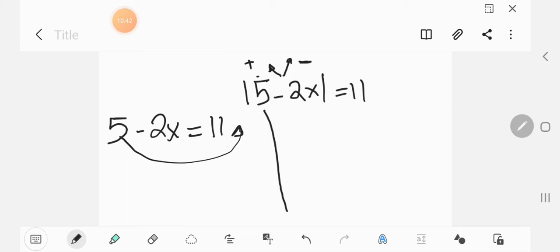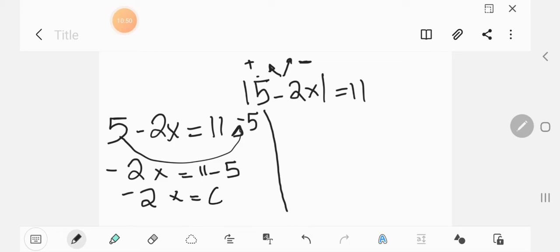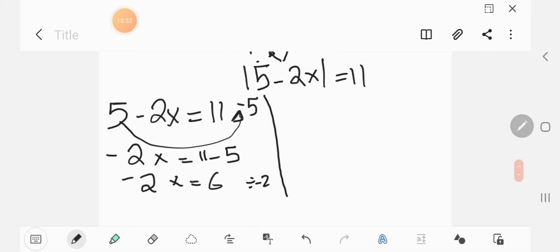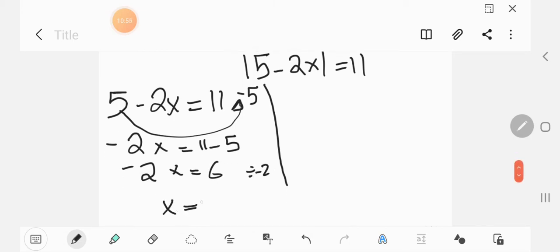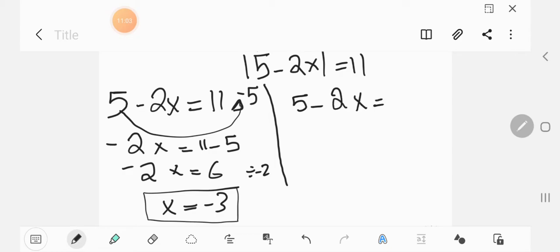5 will go to the other side with a different sign. Negative 2x equal 11 minus 5. Negative 2x equals 6, divided by negative 2. So x equal negative 3. Here is our first possible answer. Okay? And here we have 5 minus 2x equal what? Negative 11.